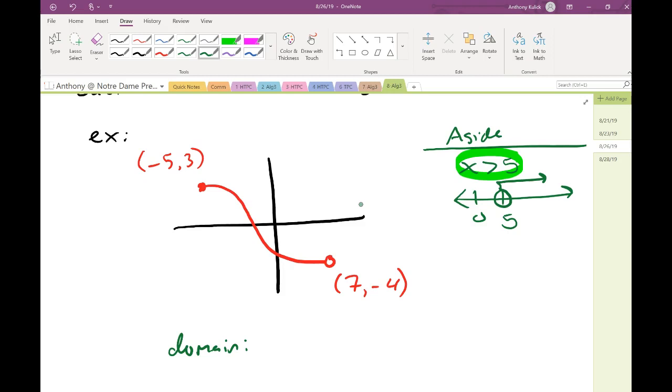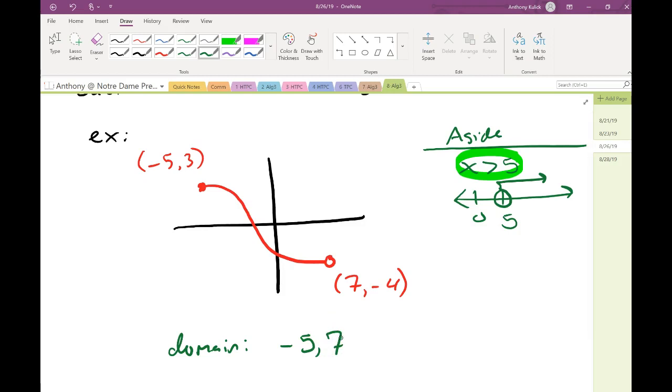The lower bound for the domain is the x-coordinate of the first point I encounter on the left. So that's going to be -5. The upper bound for the domain is going to be the x-coordinate from the first point I encounter from the right, which is, in this case, 7. Everybody okay with how I determine the upper bound and lower bound here?